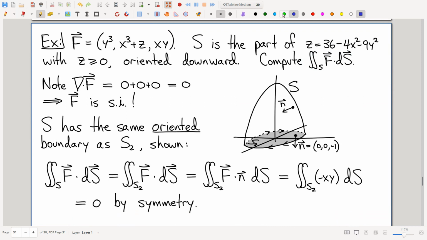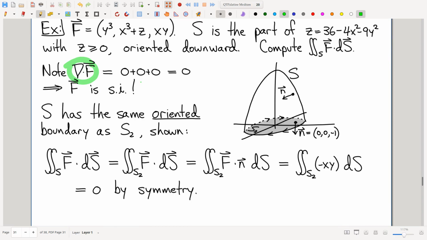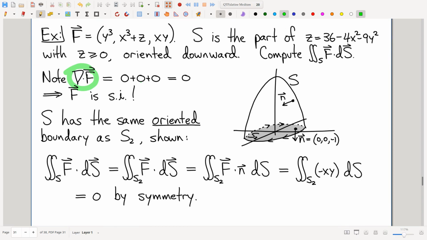We're going to use our local test. We're going to compute divergence and see if we get 0. If we do, we're going to declare surface independence and then take it from there. So you compute this divergence, and you all know the formula for divergence, and yep, 0, therefore surface independent.